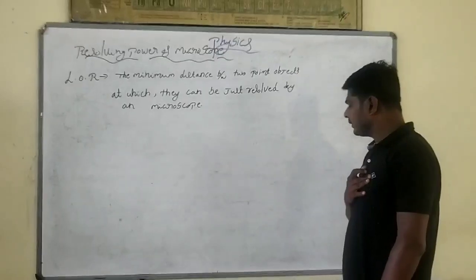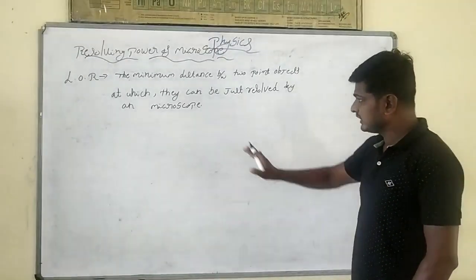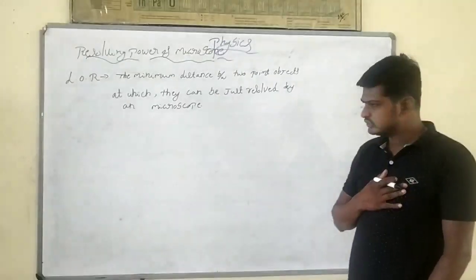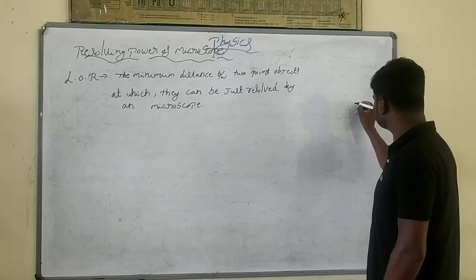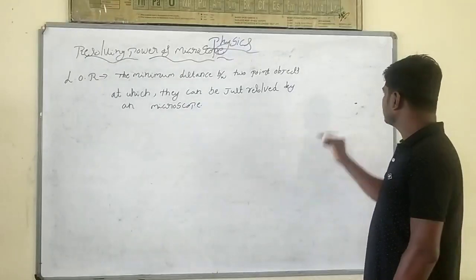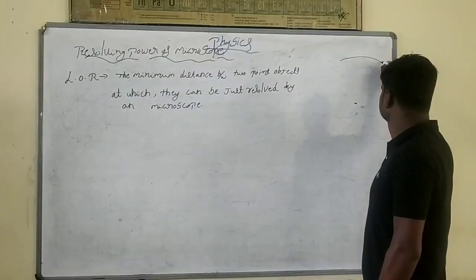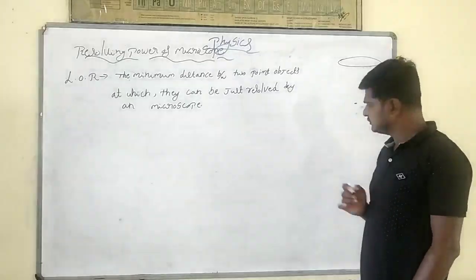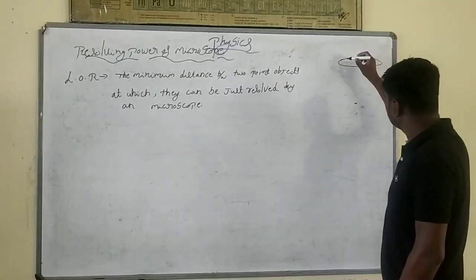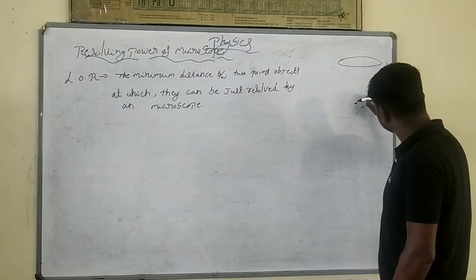Now we have to write the formula for the limit of resolution. I am going to take 2 closely lying point objects. Microscope means we are going to take the objective lens. Here there will be objects, and when I see from here, rays come from here.